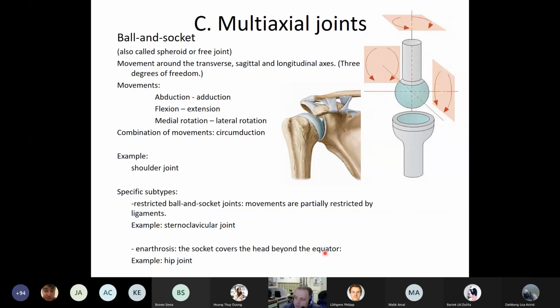And in humans, we have a cartilage lip around the acetabulum, which engulfs the head of the femur, and finally it will therefore be defined as an anarthrosis. It's a specific type of the ball and socket joint. In humans, we do not really have a true bony anarthrosis, but with the cartilage lip of the acetabulum, the hip joint can be considered as an anarthrosis. So this is what I wanted to say about the multiaxial joints.